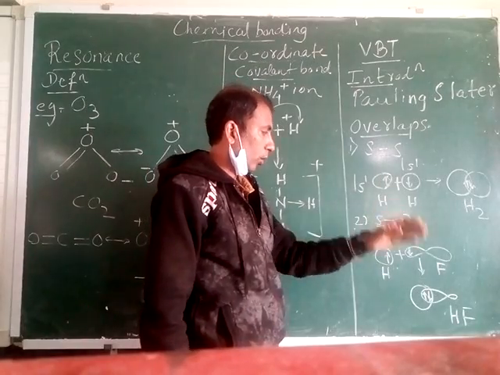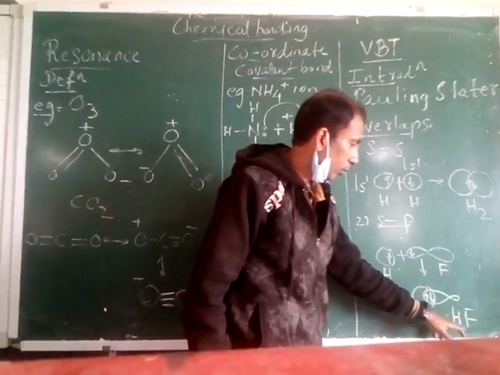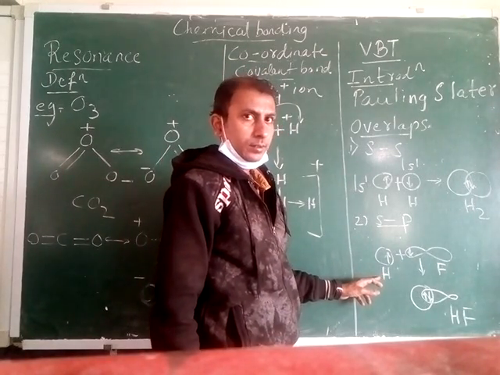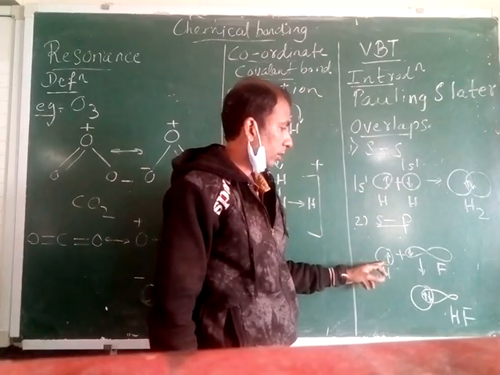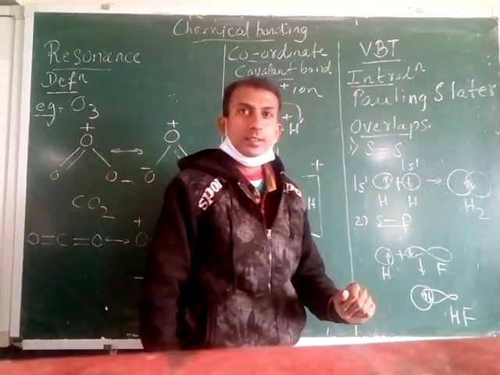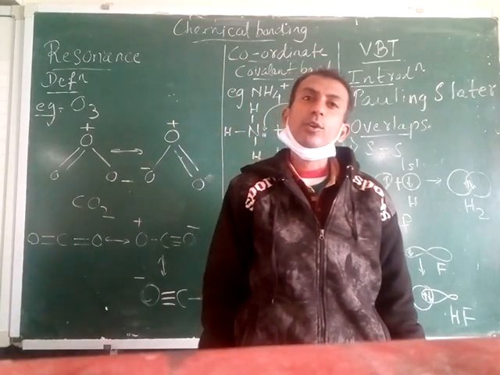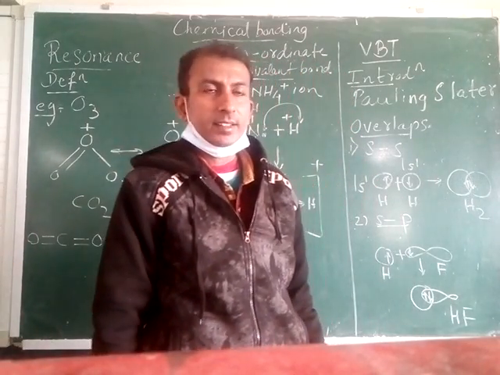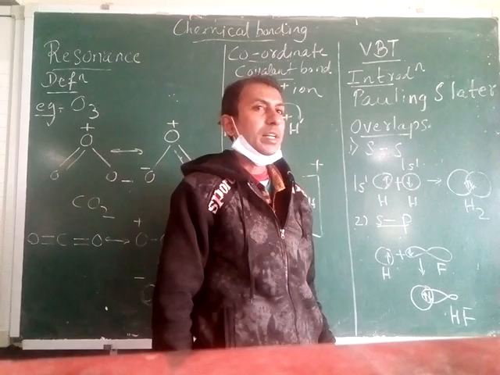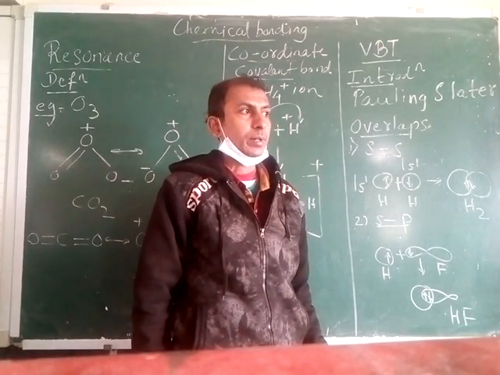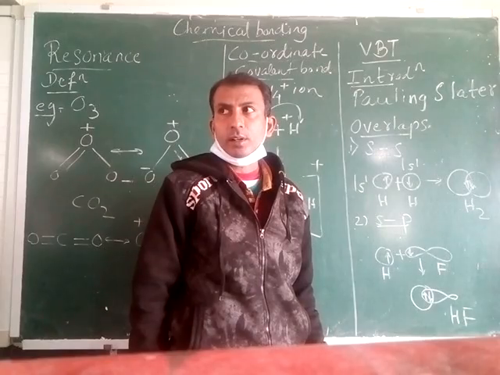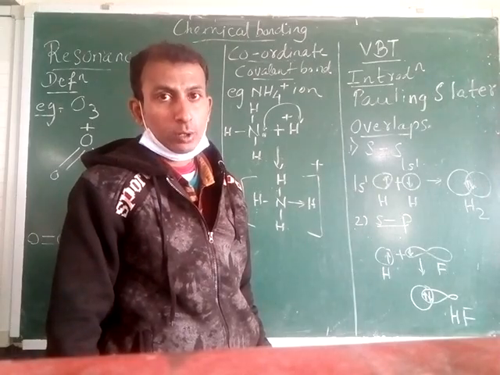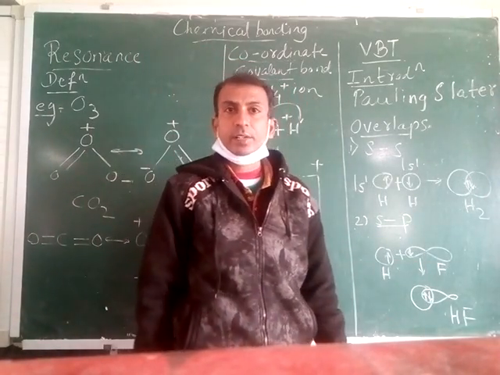The second type of overlap is sp overlap. We have an example of the HF molecule. So hydrogen contains a 1s1 single electron, and the fluorine atom has a p orbital. In the fluorine atom this single electron is present in the pz orbital, and p orbitals have a dumbbell shape.